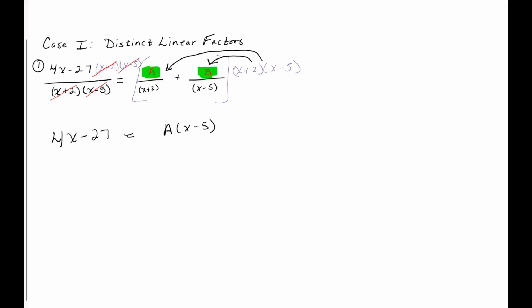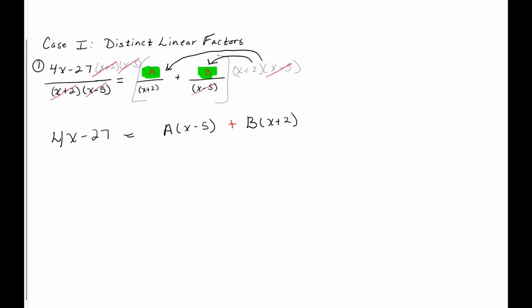There we go. So that now I can distribute to the b. So we're going to have plus b, and in this case, which factor cancels? The x minus 5 cancels or crosses out, leaving us with b times x plus 2. So it looks something like that.